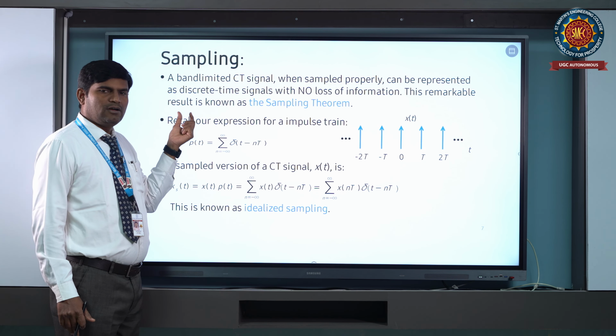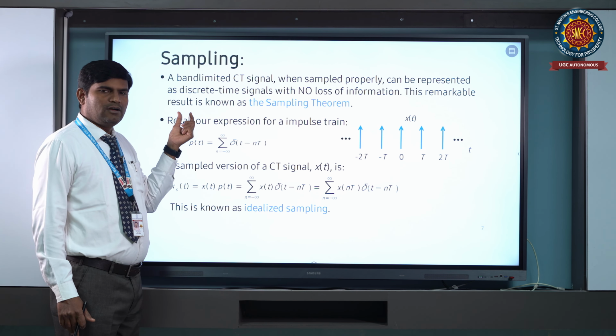Likewise, if you multiply the given signal with a train of impulses, then the sampling can be represented mathematically. This train of impulses signal is called the sampling signal, the signal which performs sampling of the given signal.